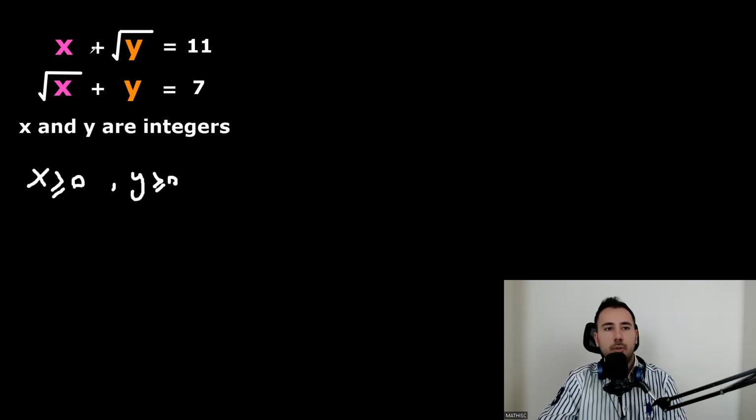So I will have this equation rearranged as x equals 11 minus square root of y. Okay, we know that the minimum amount of this value will be 0.